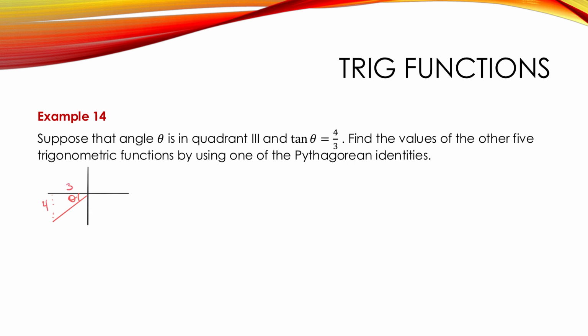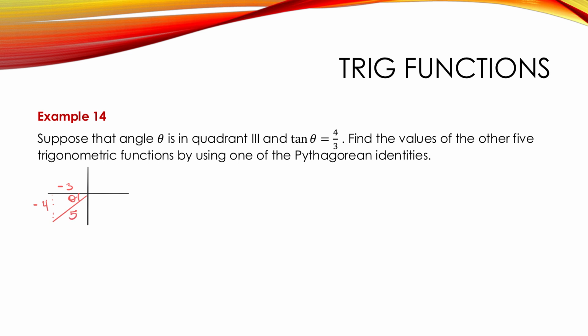But we can already see graphically that we're missing something. The ratio of 4 to 3 is the same as the ratio of -4 to -3. And we know that both x and y are negative because we are in quadrant 3. So this is really a -3 and a -4, which makes our r 5.